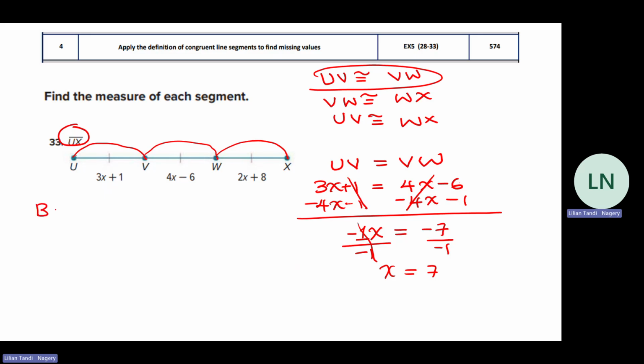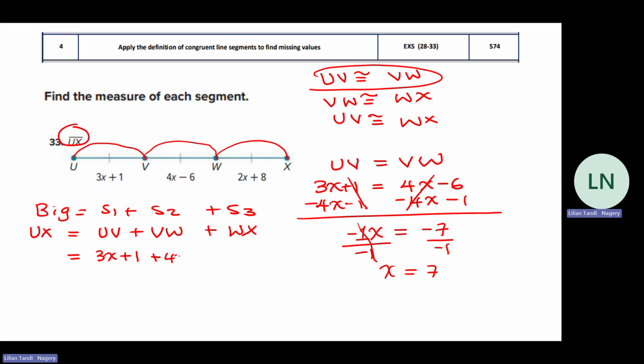So that becomes big equals small 1 plus small 2 plus small 3. Big is UX, UV plus VW plus WX. Okay? UV is 3x plus 1 plus 4x minus 6 plus 2x plus 8. Then I put all my friends together: 3x, positive 4x, positive 2x.